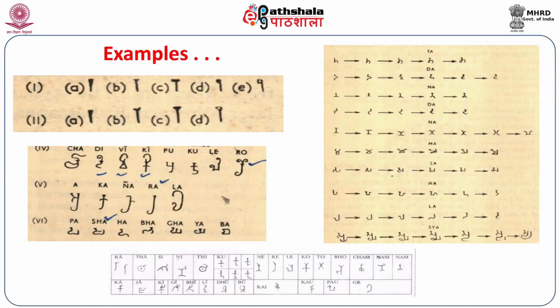If we look at the examples, the first one was the introduction of different new types of head marks. Ahmed Hassan Dani has shown at least 9 different types of head marks prevalent in different parts of the country, and he grouped them into 2. If we look at the first group, there are 5 different varieties of the head mark with a gradually slanting line and a triangular wedge at the top.